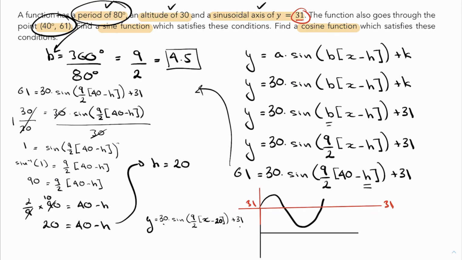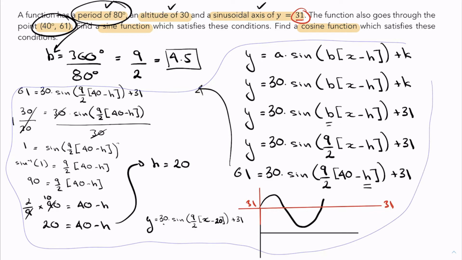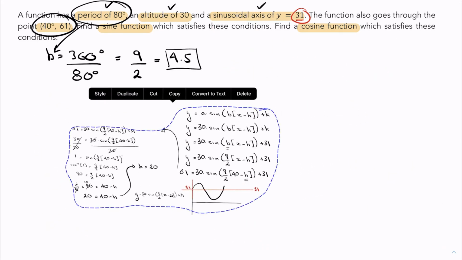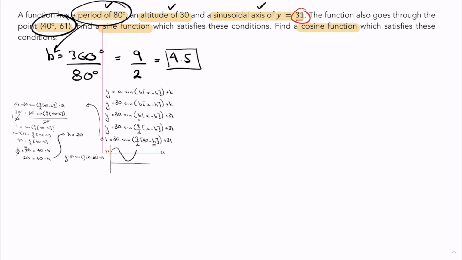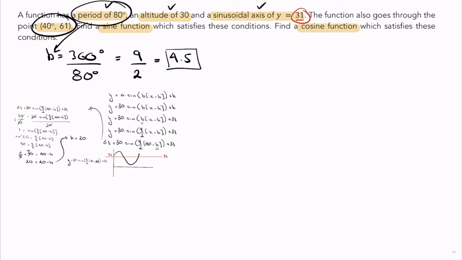And all the work that we did over here, we're going to have to do for a cosine function. So it's roughly the same thing, just with a different function. Because I'm running out of space, I'm going to take all this and shrink it all over here, put it in a corner, and write out my cosine function.